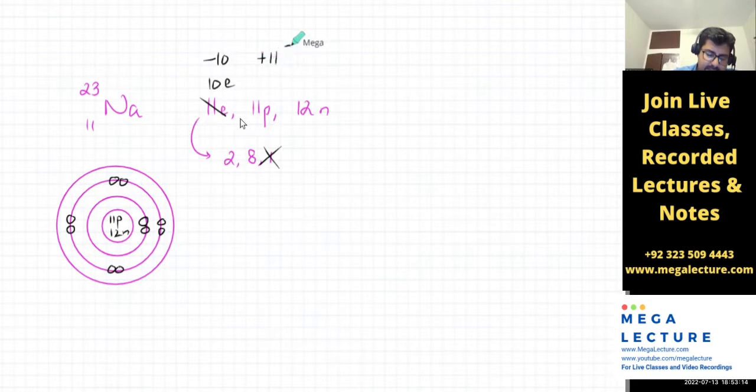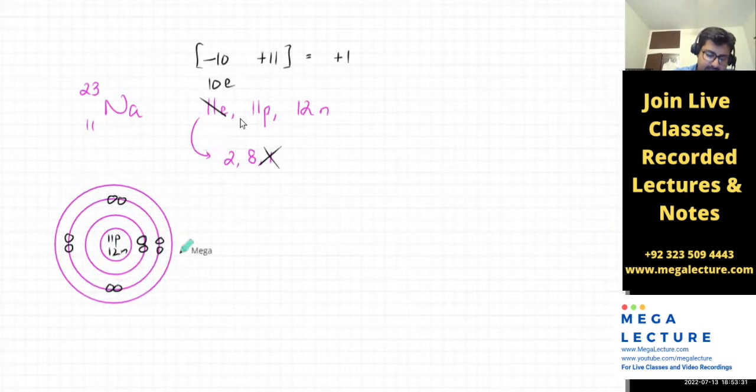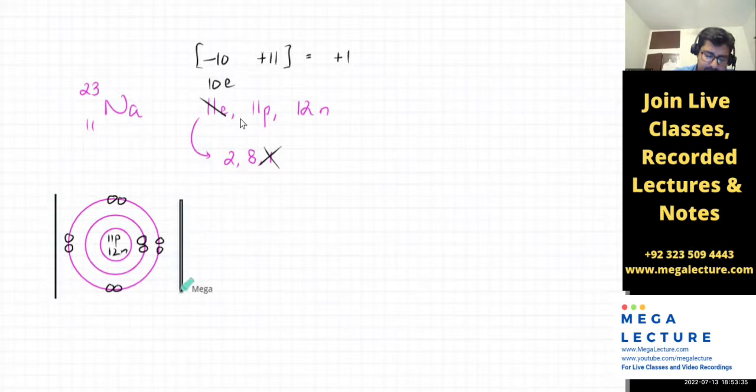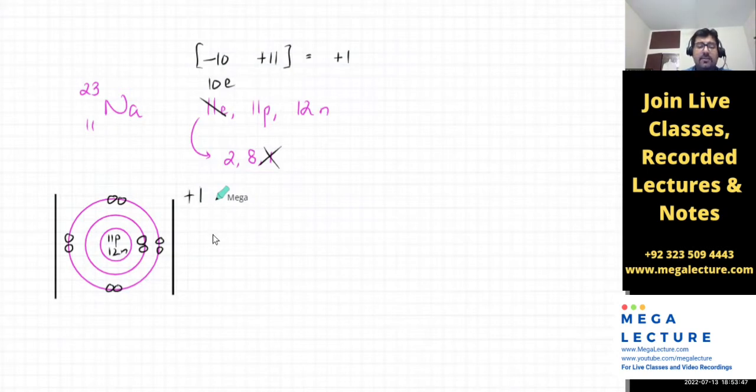So the overall charge is plus 1. This entire atom now has a charge of plus 1, and this is how you write it: you put brackets around it and put plus 1. So that is what sodium looks like.